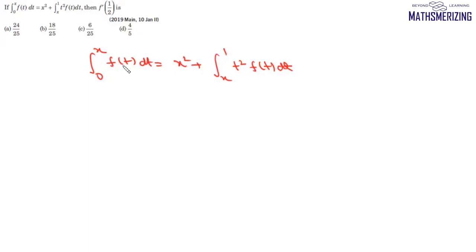So we'll use the Newton-Leibniz rule. So it'll be f(x) into the derivative of x, which is 1, minus the derivative of 0, which is 0. Now the derivative of x square is 2x, and then plus, here again we'll use the Leibniz integral rule. Now 1 is constant, so the derivative of 1 is 0, minus the lower limit, which is x square into f(x), and the derivative of x is 1.